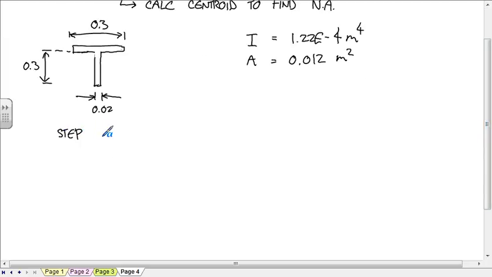First we have to figure out the centroid of the whole shape.